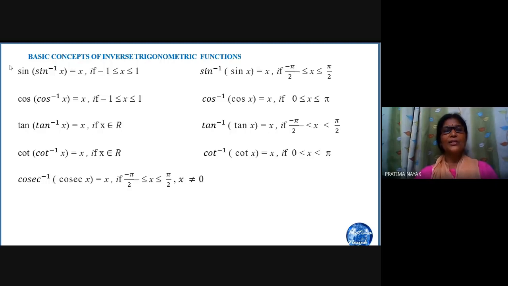Cosec inverse cosec x is x when x is greater than or equal to -π/2 and less than or equal to π/2, but excluding 0. X is not equal to 0. Sec inverse sec x is x when x is greater than or equal to 0 and less than or equal to pi. Here x is not equal to π/2.